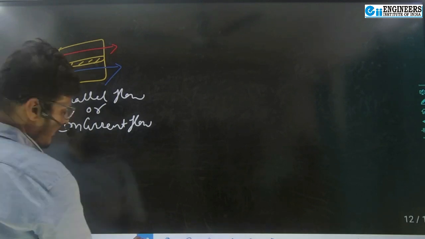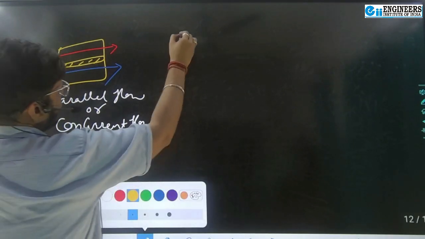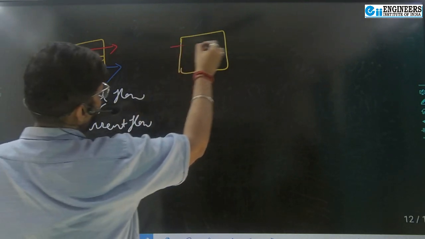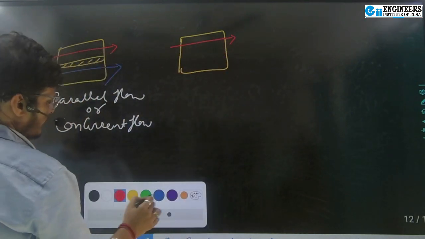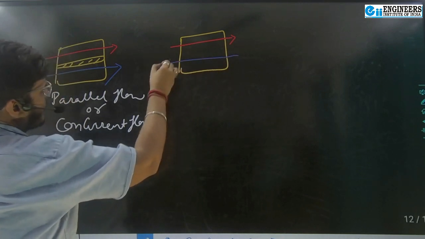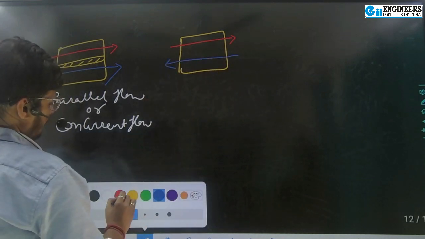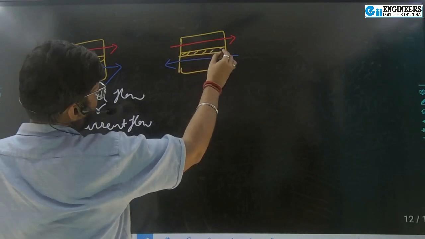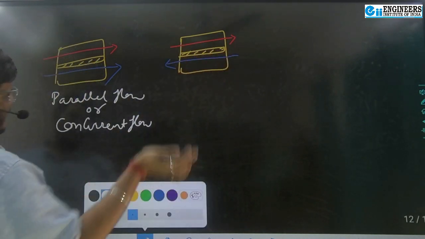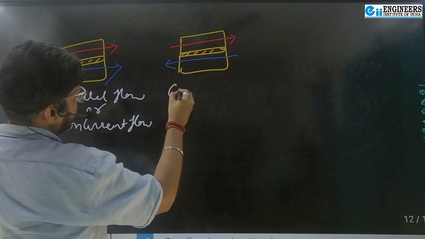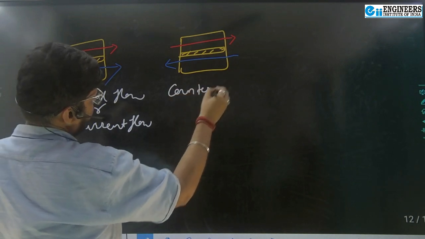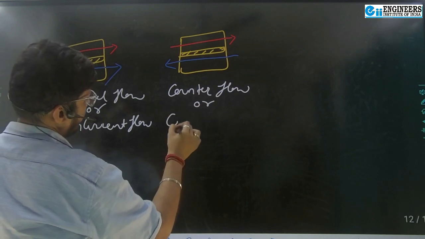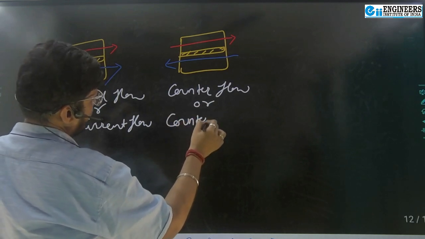Understand? Similarly, if we go to a system in which hot fluid is moving in one direction, whereas the cold fluid is moving opposite to the flow of the hot fluid, and there is a separation wall between them, this type of flow is called counter flow or counter current flow.